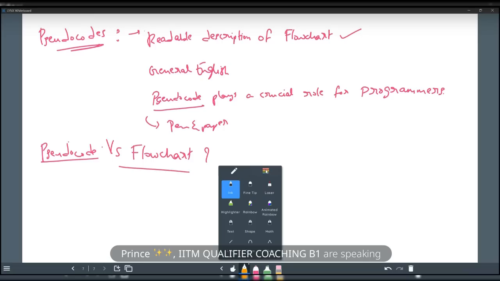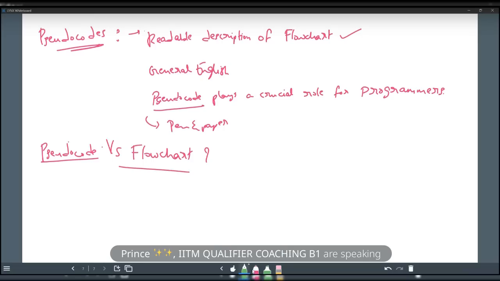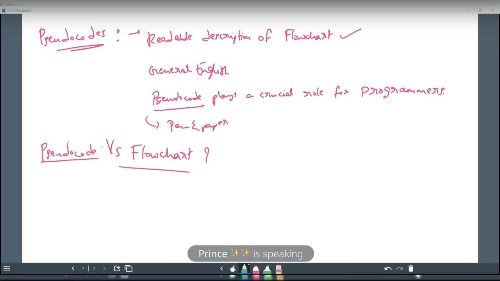It's a rough idea that can be directly transformed into code. It's easier to write the actual code from pseudocode. Yes, you're 100% right. Any other things other than this? We will consider your reason also. It's very genuine. Thereafter, any other reasons or advantages over a flowchart?